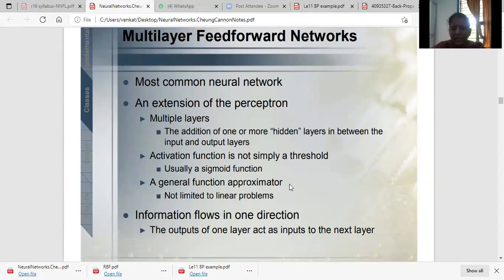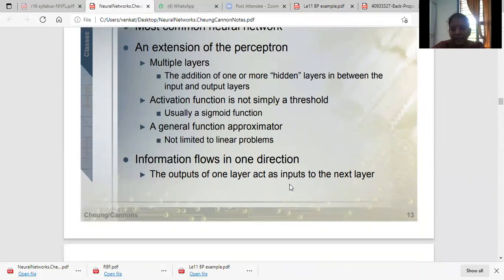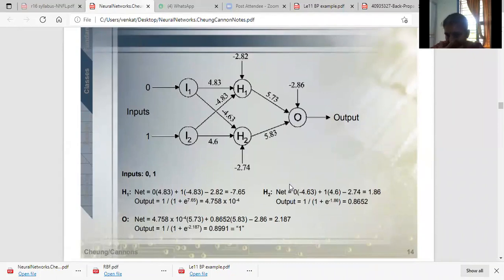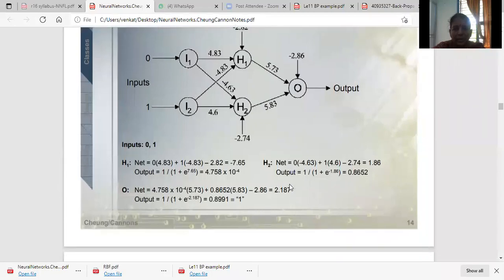There are some limitations for this backpropagation algorithm. One more example is mentioned here. I'll share it with you. You can go through the example and understand clearly.